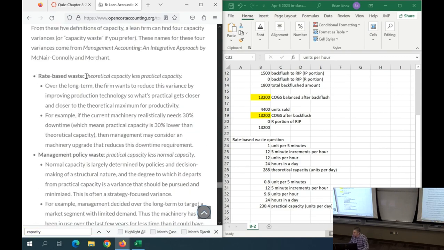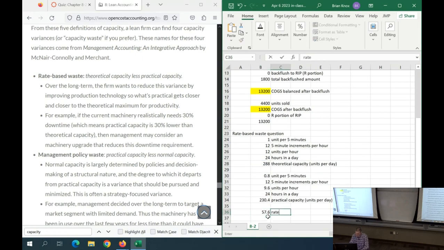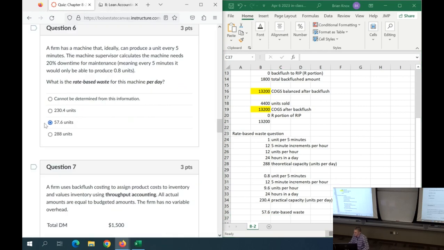Rate-based waste is theoretical less practical capacity. Those are the 2 that we can discern from this fact pattern, and rate-based waste is the difference between these 2. So we can take the difference between these 2. So that should be our rate-based waste, which is one of the answer choices.